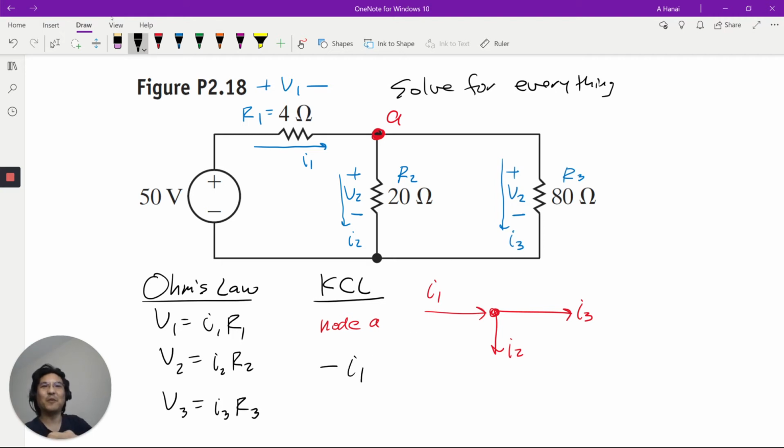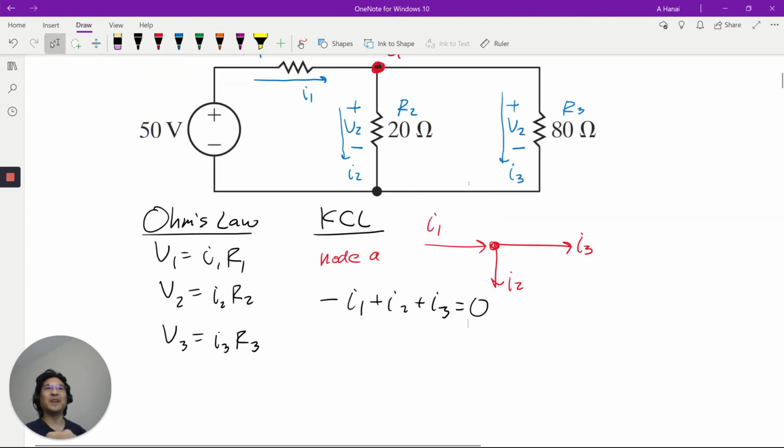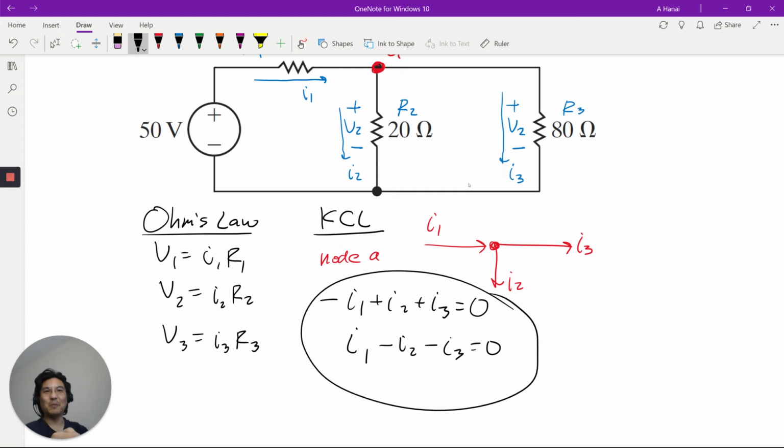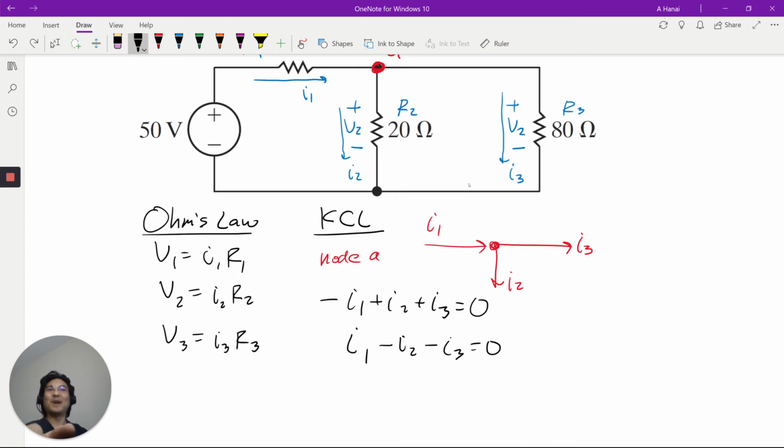Negative I1 plus I2 plus I3 equals 0. So real quick, if I chose the other way, like if I say going into the node is positive, that would mean I1 is positive, I2 is negative, and I3 is negative. Look at this algebraically. Same thing, right? So that's why it doesn't matter.